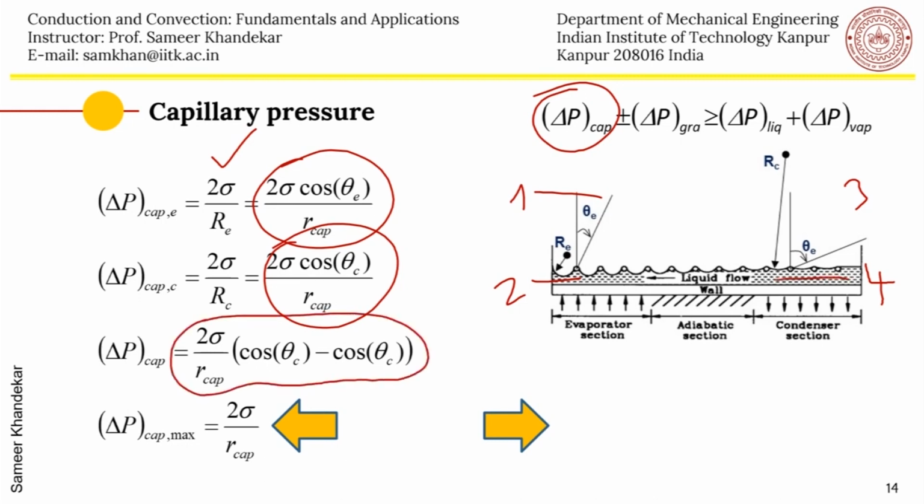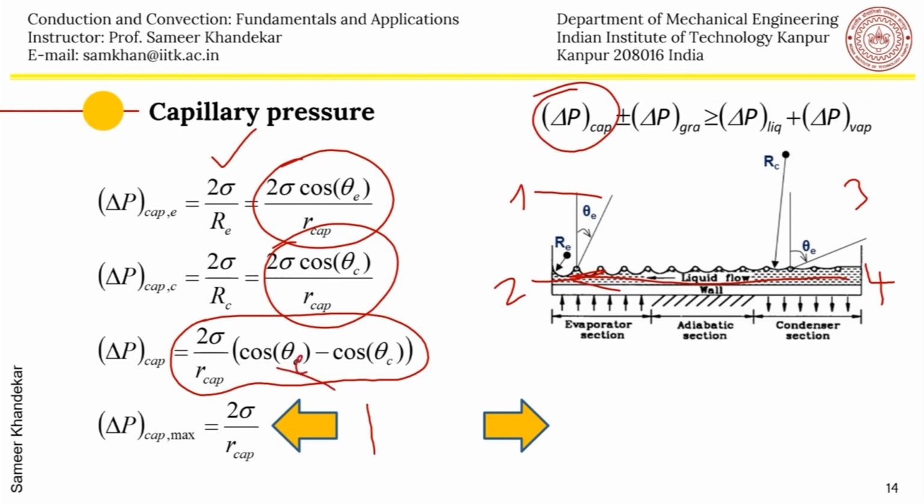So as I said, as soon as you decide the fluid and the operating temperature, since sigma is a function of temperature, you fix this 2 sigma, and r capillary is fixed by the choice of the porous media.